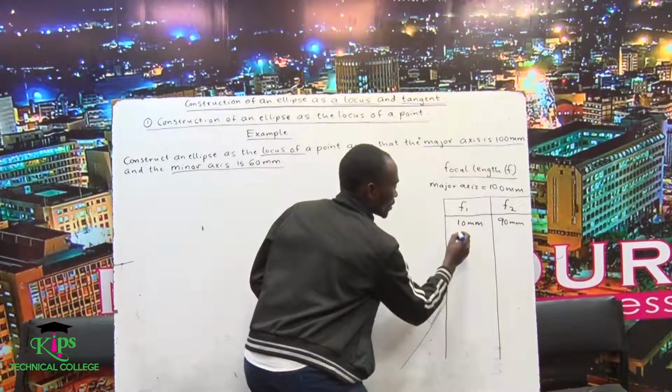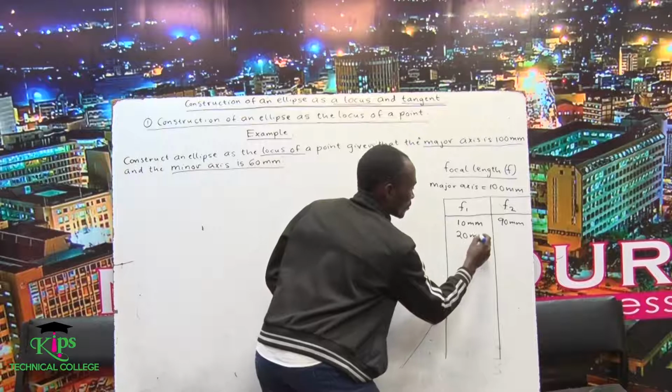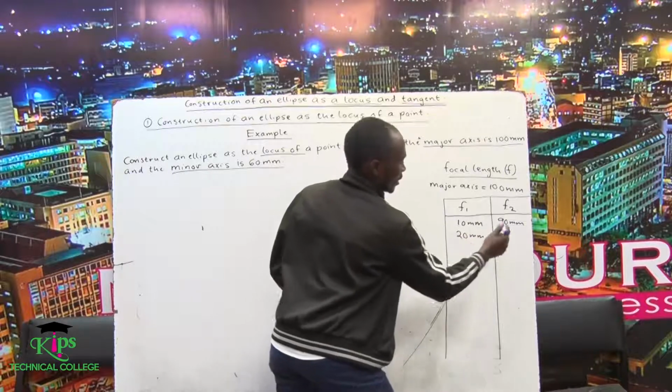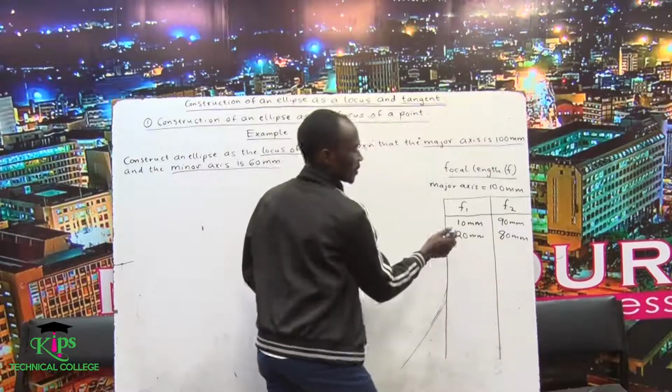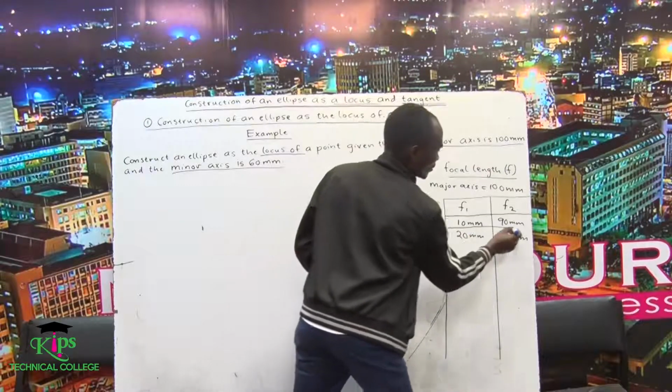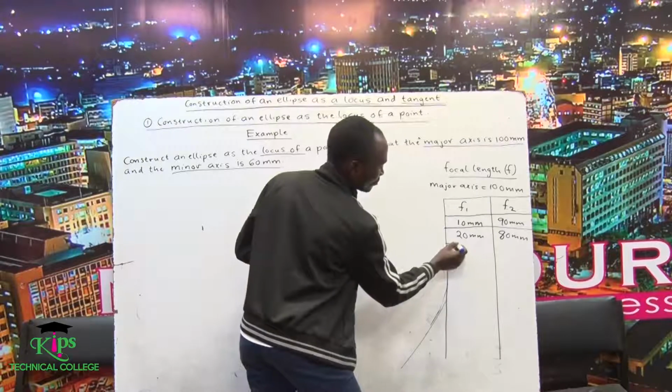So let's go to 20. 20 plus 80, you will again get 100 millimeters.